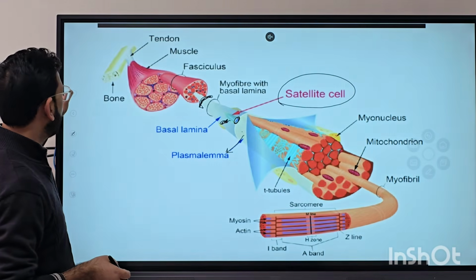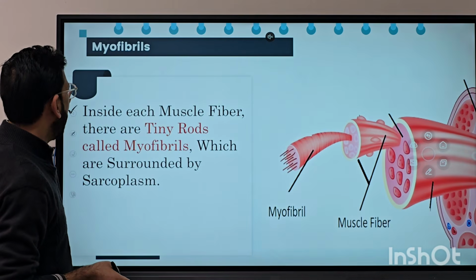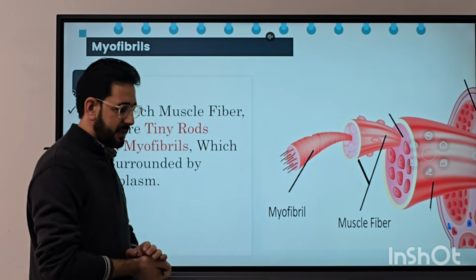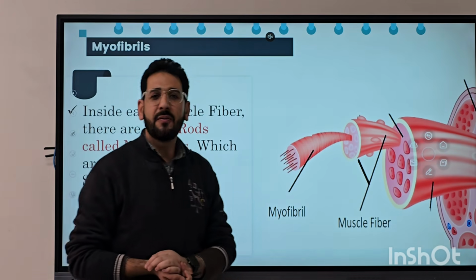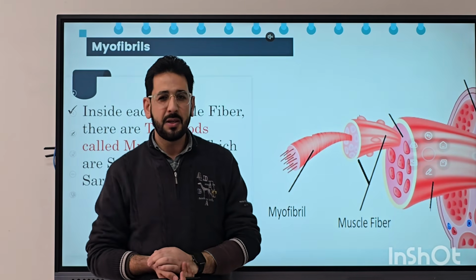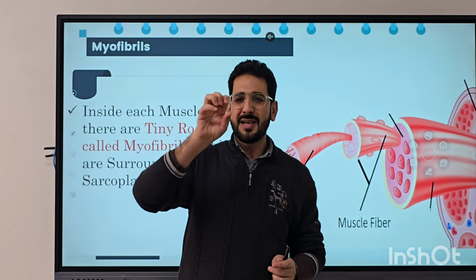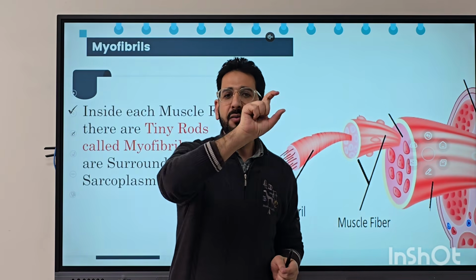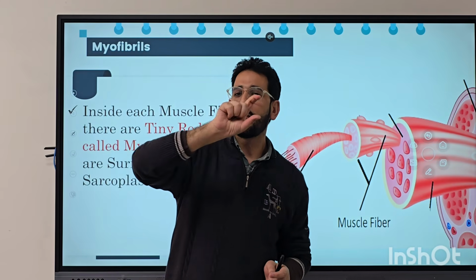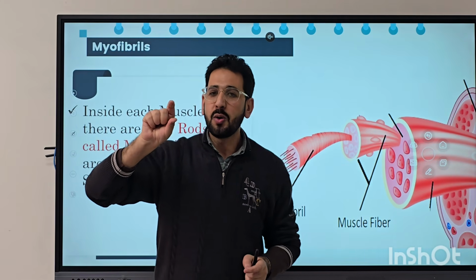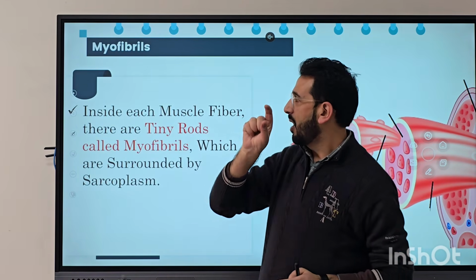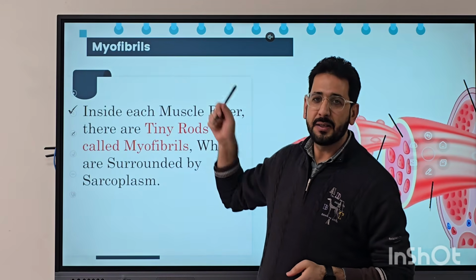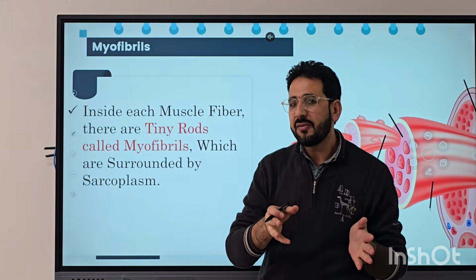Now, moving forward, we have to talk about the myofibrils. I have already given you the example of a train. Inside the muscle fiber we have many rod-shaped structures, and those rod-shaped structures we call myofibrils.